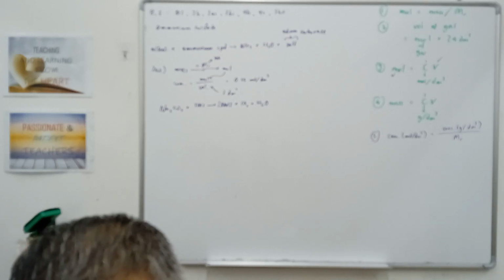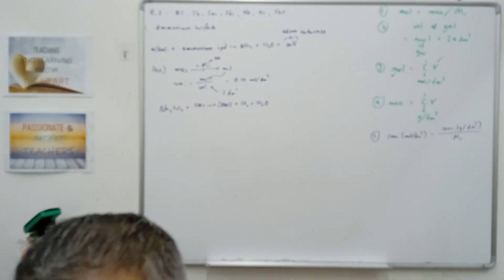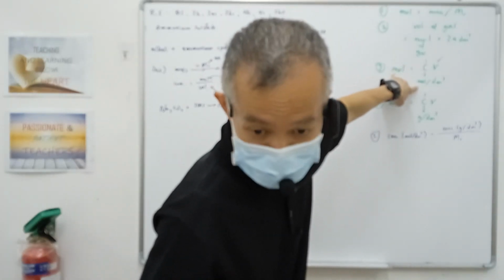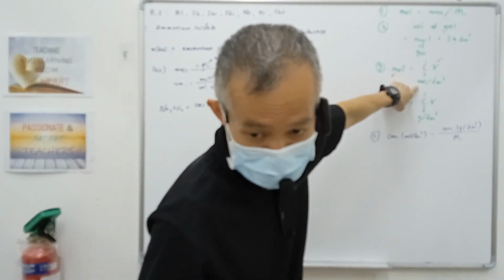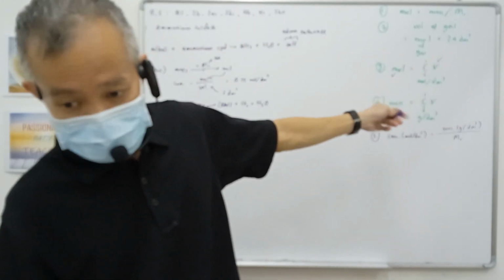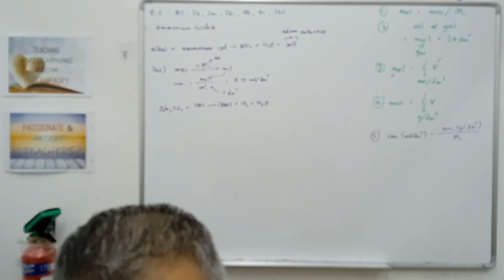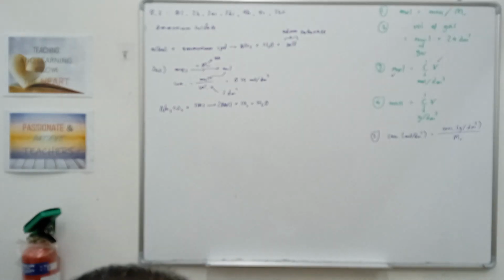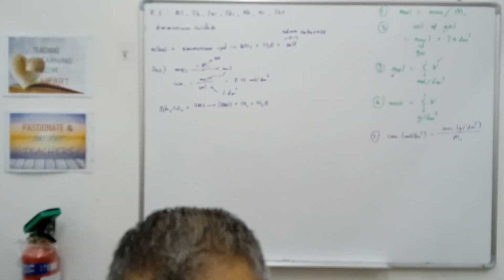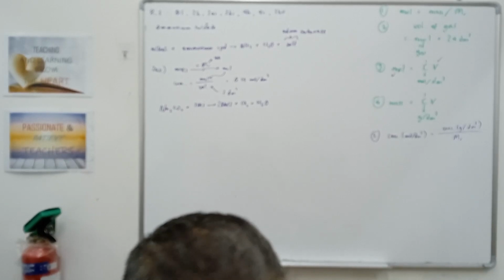That's what you need to calculate concentration in mole per dm cube. That's what part C is asking for. Just make sure your volume is in dm cube, which in this case it is. So what's the answer? Yes, 0.5. Of course, if anyone has questions, please voice out.